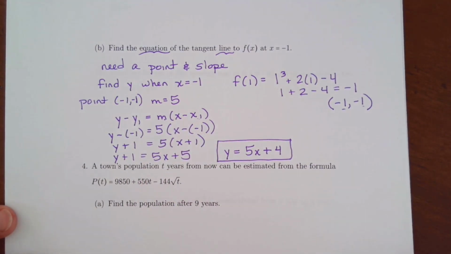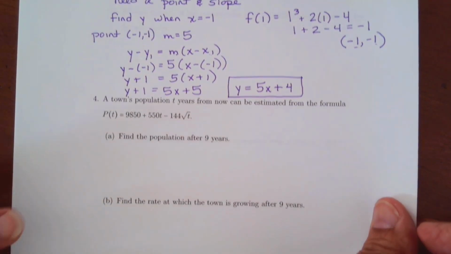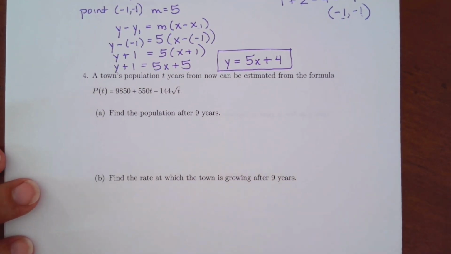Okay? All right, let's look at number 4. This says a town's population t years from now can be estimated from this formula. P of t equals 9,850 plus 550t minus 144 square root of t. So they're giving you the formula. Find the population after 9 years.